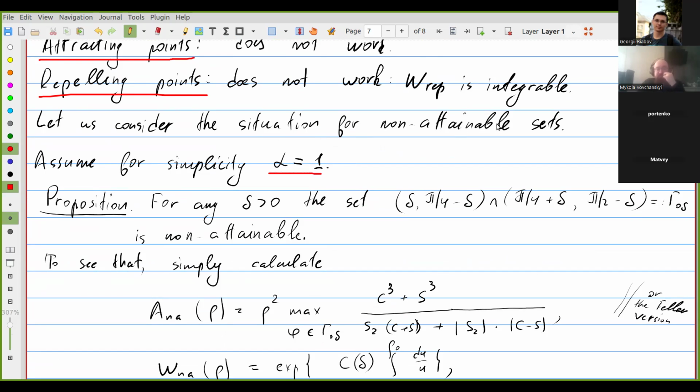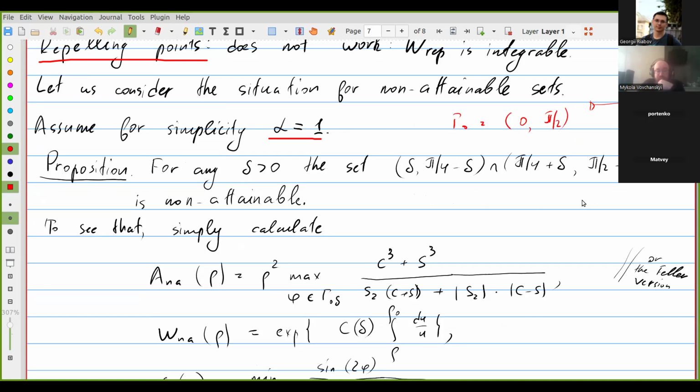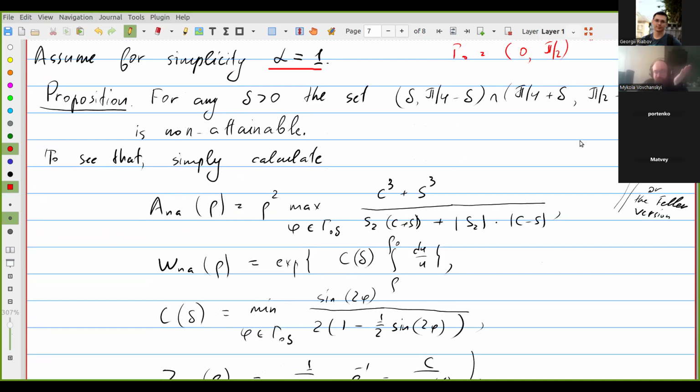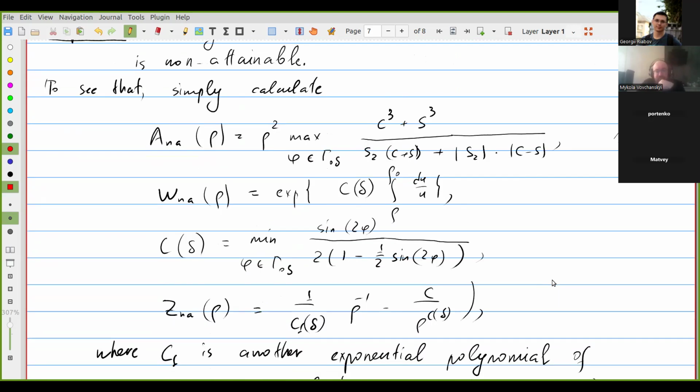Then one can prove that for any delta, this set, so the original gamma 0 in our case was just 0, pi/2, and this means that we need to exclude the boundary and one point exactly in the middle, and then we can conclude that this set is not hit. And obviously for that you just do the formulation by using the version of the original paper or by using this modified version, which is a simple expression.